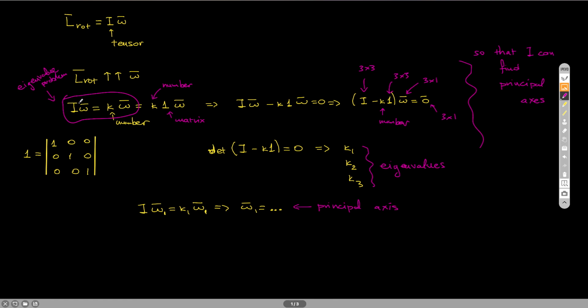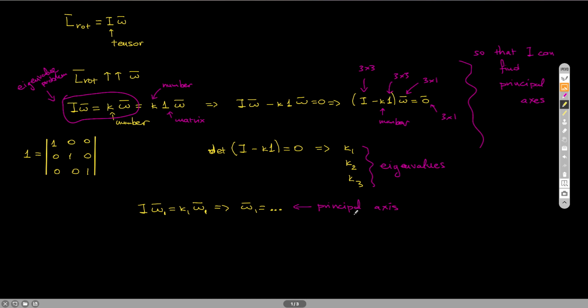Let me remind you, back in this eigenvalue problem, you knew neither k nor omega. From this problem, we were looking for both what k is and what omega is. Now, by setting the determinant to 0, we find the 3 values of k for which this is true. The last thing we need is to know the omega for which this equation is true.